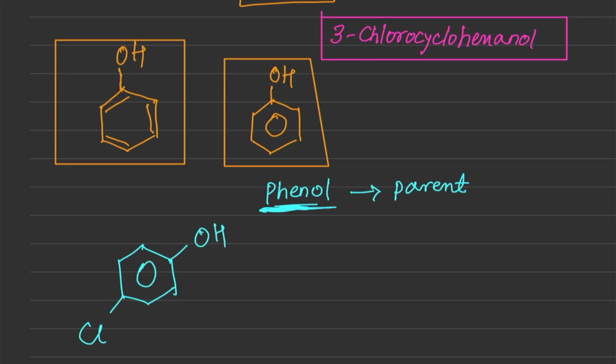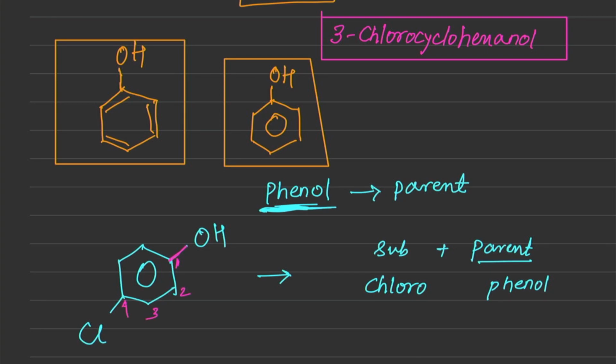Okay, so what would you call this one? The parent is phenol. And what is our substituent? It is chloro. And what is the location number? The carbon atom connected to OH always gets the first priority. 2, 3, 4, 5, 6.